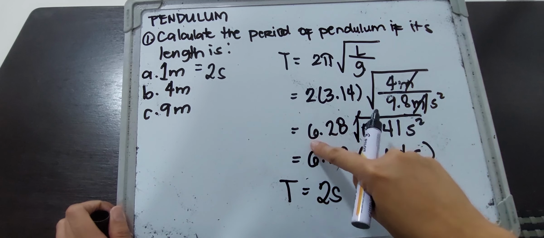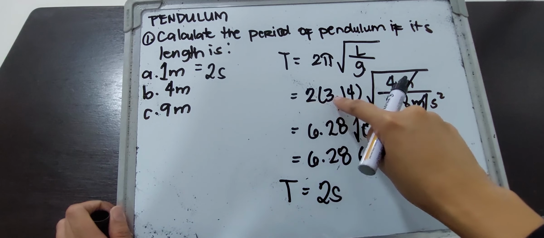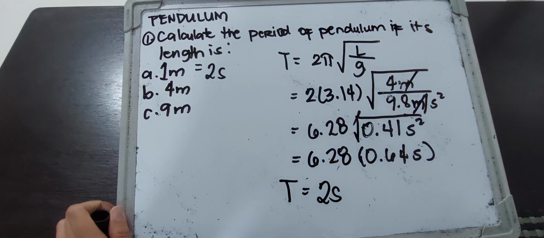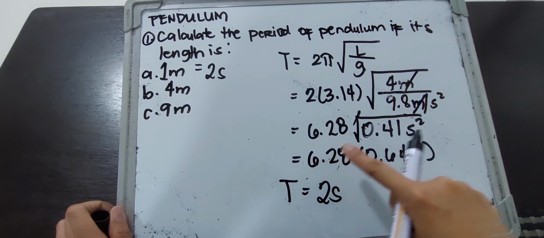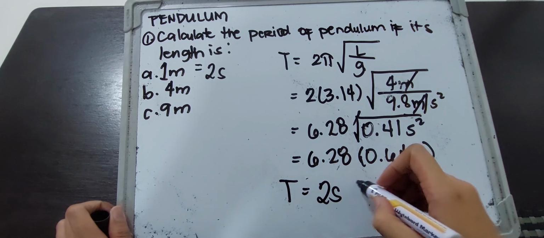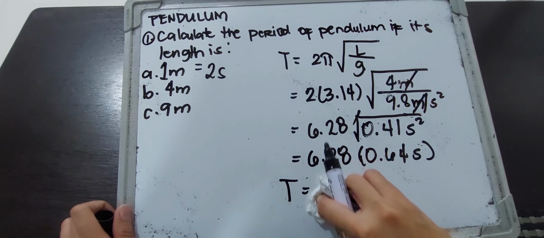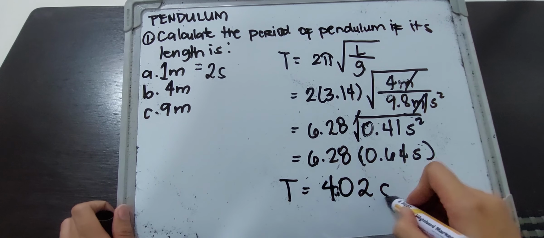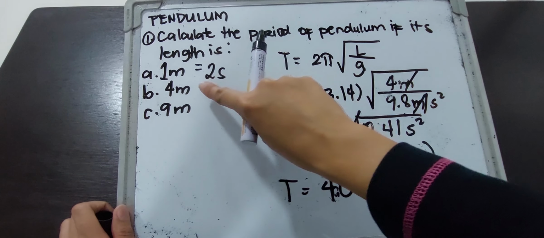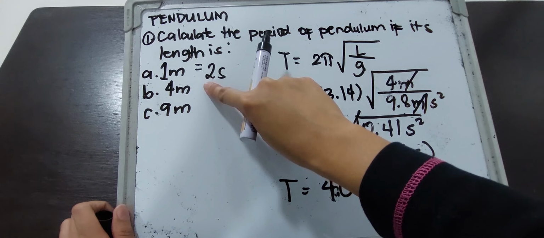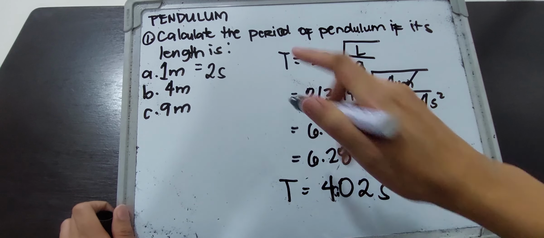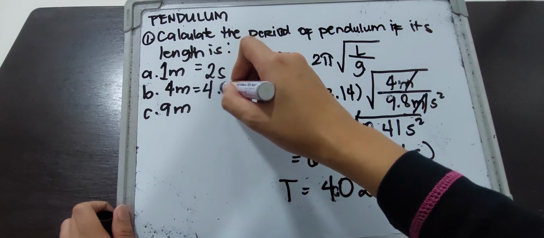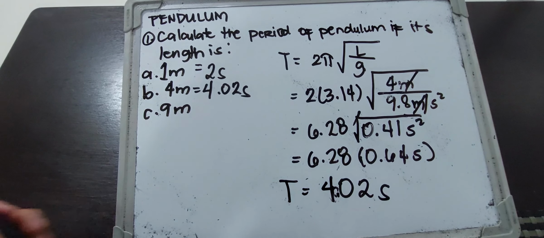So, itong 6.28, product to ng 2 times 3.14. So, 6.28 times 0.64 seconds is 4.02 seconds. So, if the length of the pendulum is 4 meters, its period is 4.02 seconds.